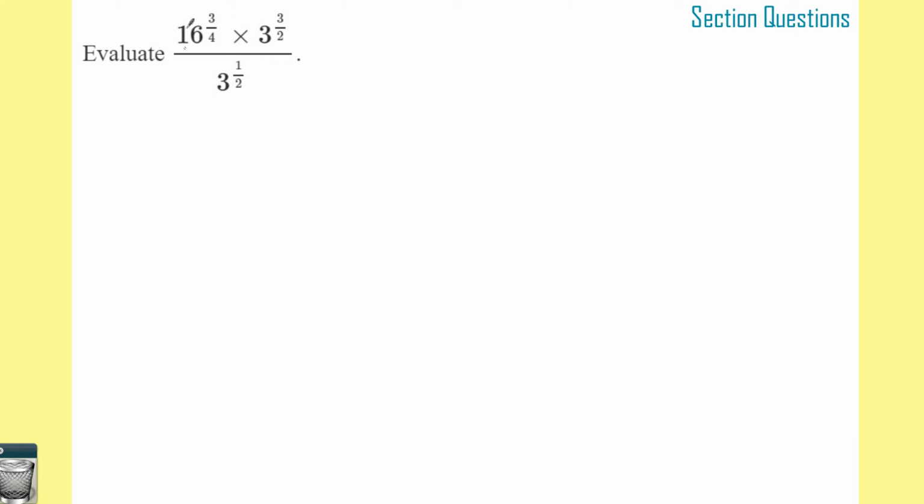Well, 16 and the 3's, I can't really combine those, but the 3's I can combine. So I can rewrite this as 16 to the 3/4 times 3 to the 3/2 minus 1/2, right? You subtract the exponents. So we get 16 to the 3/4 times 3 to the 2/2. So that's nice, that's just 1.